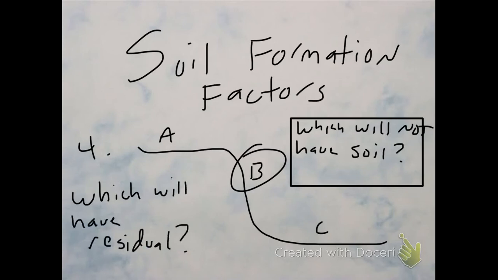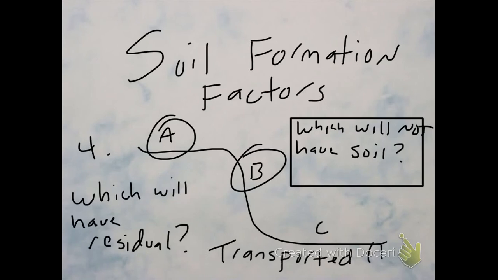Which is likely to have a residual soil? Okay, A is likely to have a residual soil, but you might be asking, well, why wasn't it C? Well, junk that's falling down from the slope at B is probably filling in the valley in C, so C is likely to have a transported soil, but you have to check it.